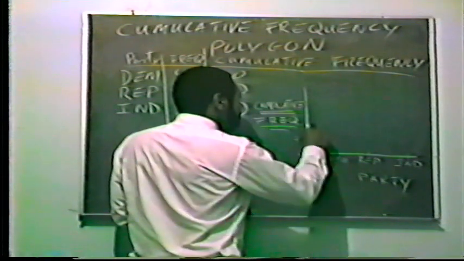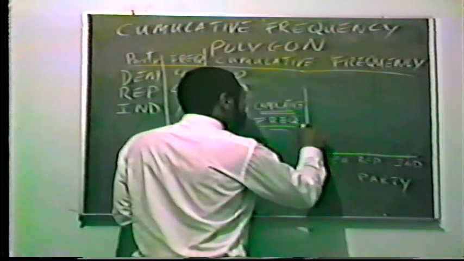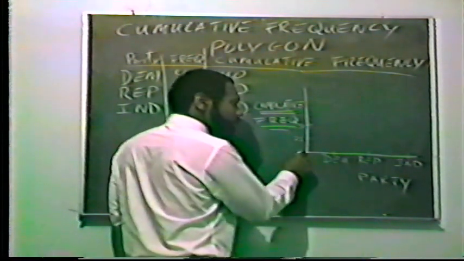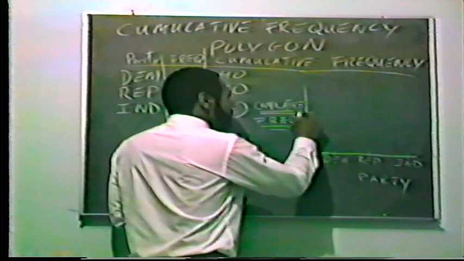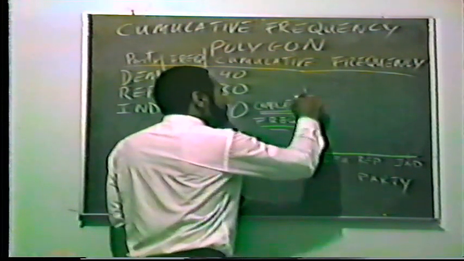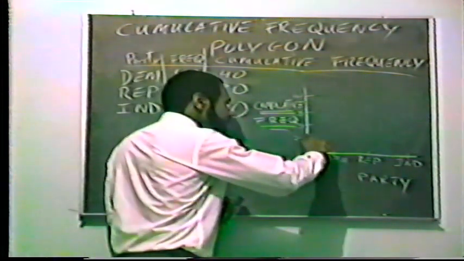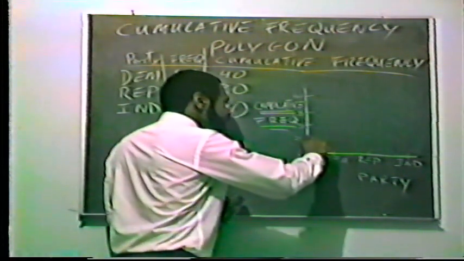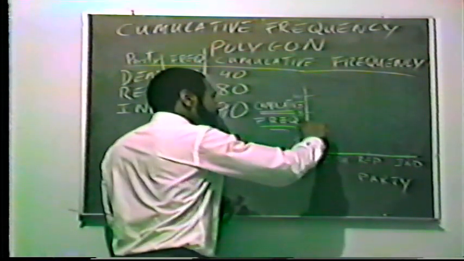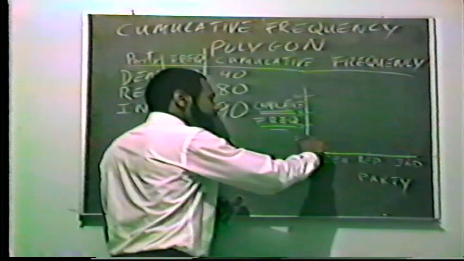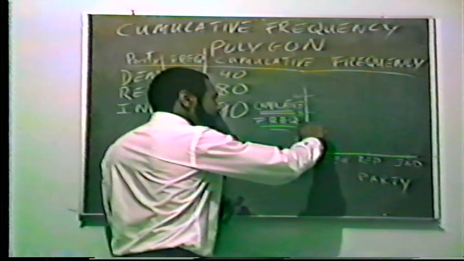That way I will be able to include all of my numbers. So I will have 0, 25, 50, 75, and then 100. And once again, I try, as close as possible, to make the same amount of space between these numbers. The same amount of space between 0 and 25 that I have between 25 and 50 and so forth.